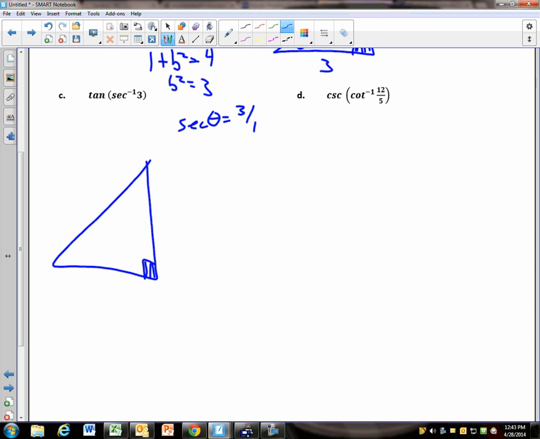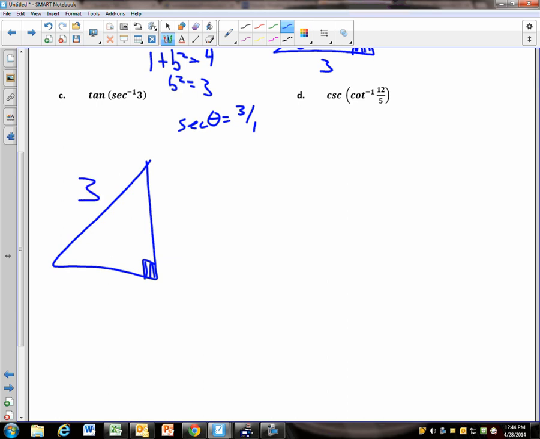So if secant of theta is 3/1, what do I know? Which part of the triangle do I know? Adjacent and hypotenuse. Hypotenuse is 3.